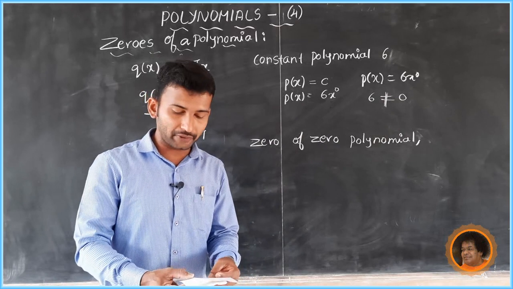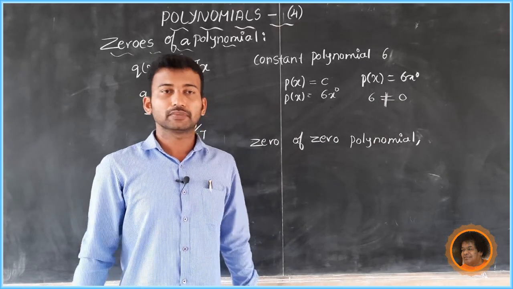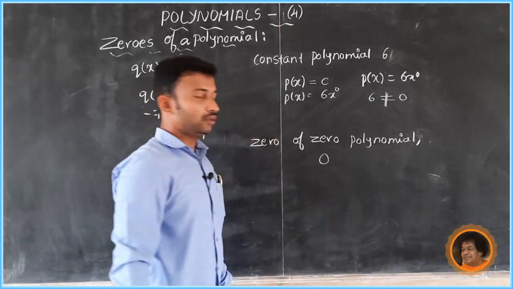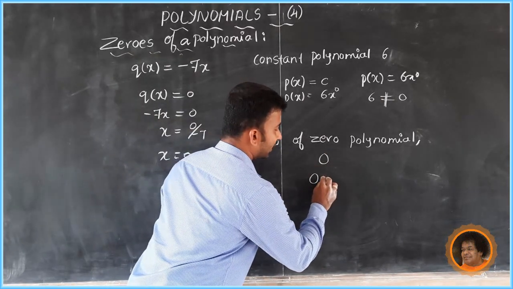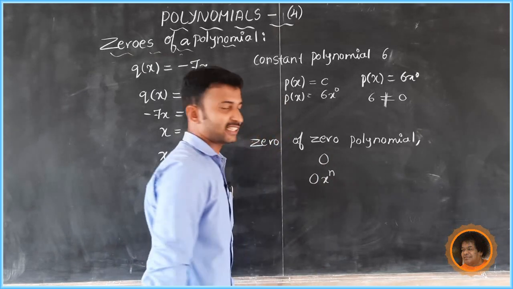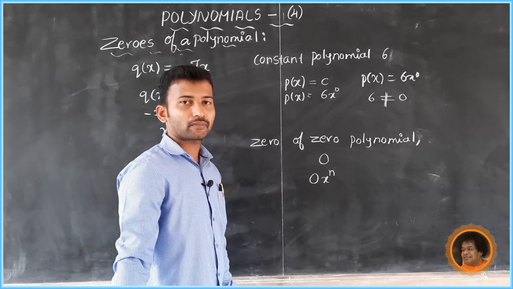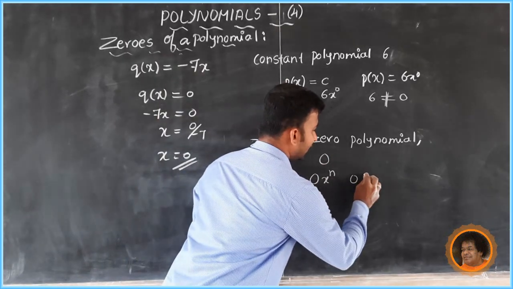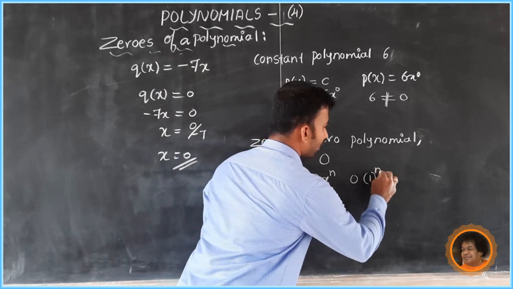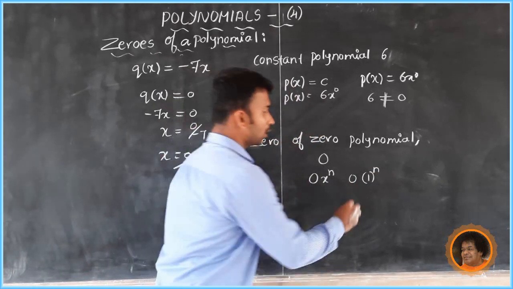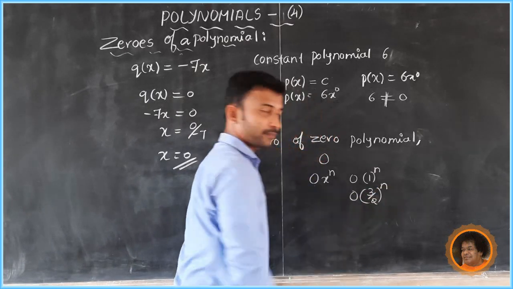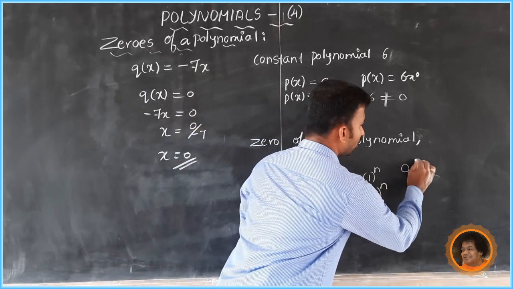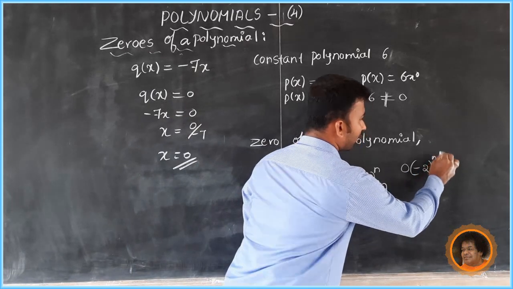What is the zero of the zero polynomial? 0 can be written as 0 into x power anything: 0 into 1 power n, or 0 into 3 by 2 power n, or 0 into minus 2 power n.